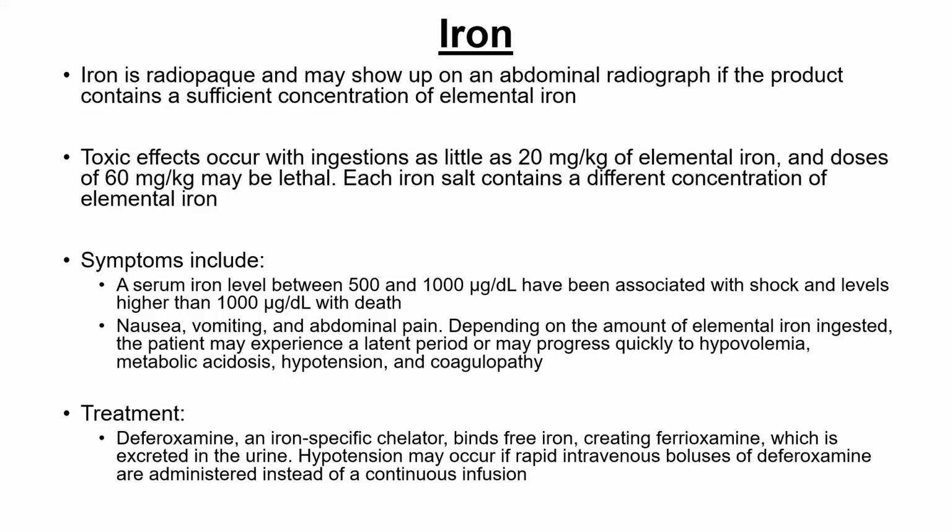Hypotension can happen, so when you're giving deferoxamine, make sure you don't give it as a rapid intravenous bolus. It's always administered as a continuous infusion. That's the caution you have to take when you're trying to treat iron toxicity.